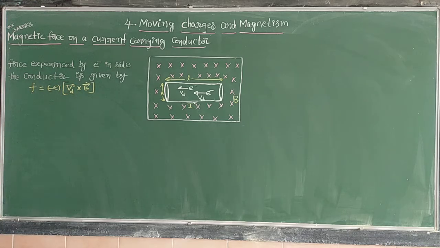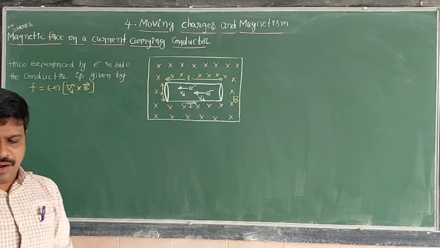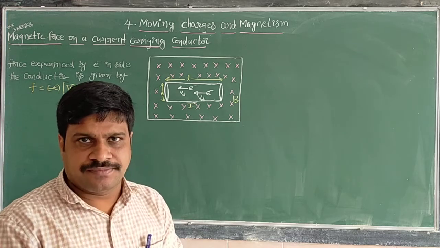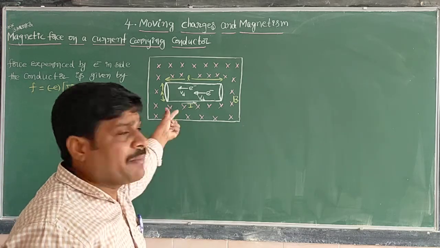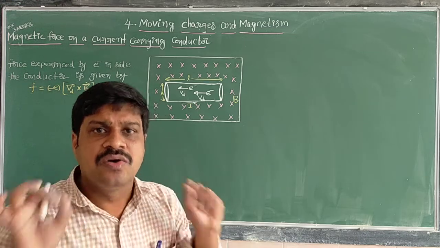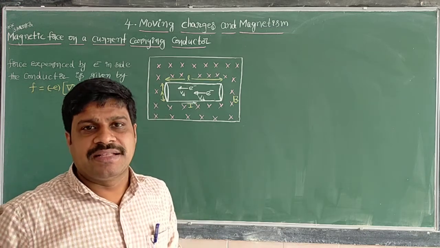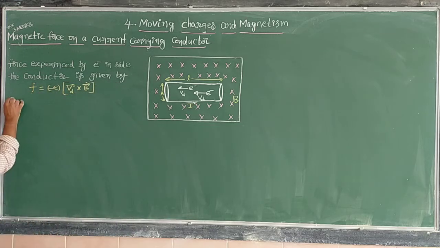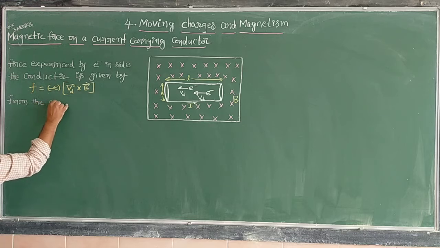I have written here only one electron. But how many electrons will be there in the conductor? For that we have one definition: number density.